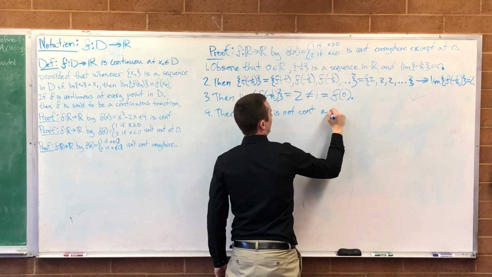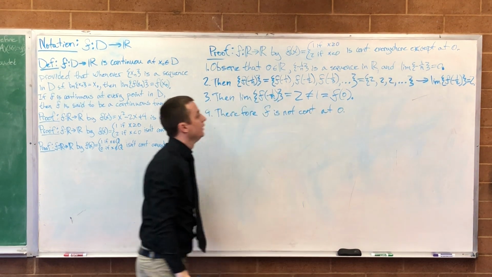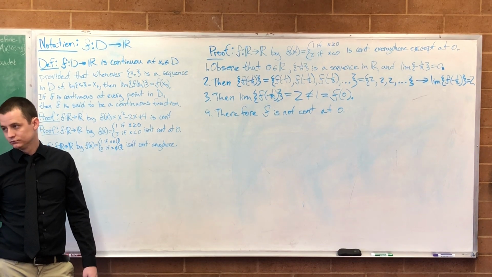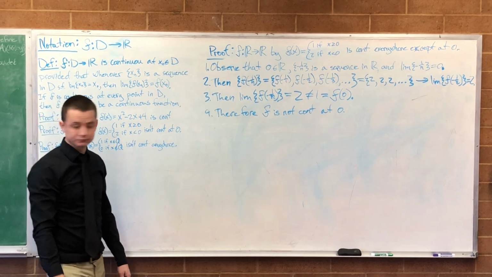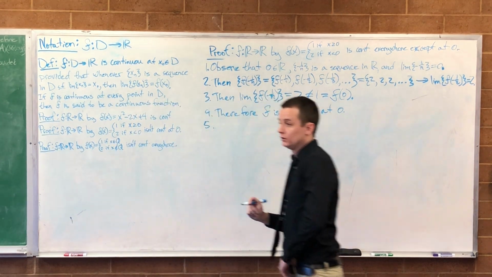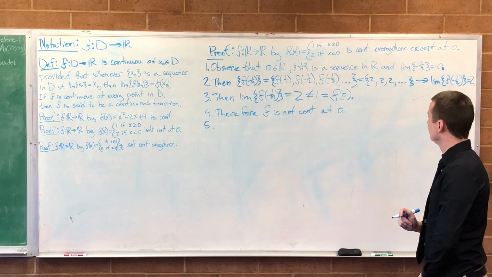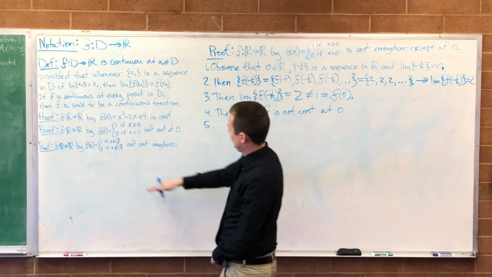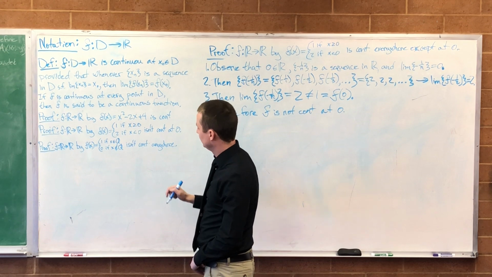Not continuous at 0. Now we need to show it's continuous everywhere else. Right? Well, that's not technically what your proofs originally said you need to do. Yeah, I just wrote it down to make sure that I knew what I was doing.